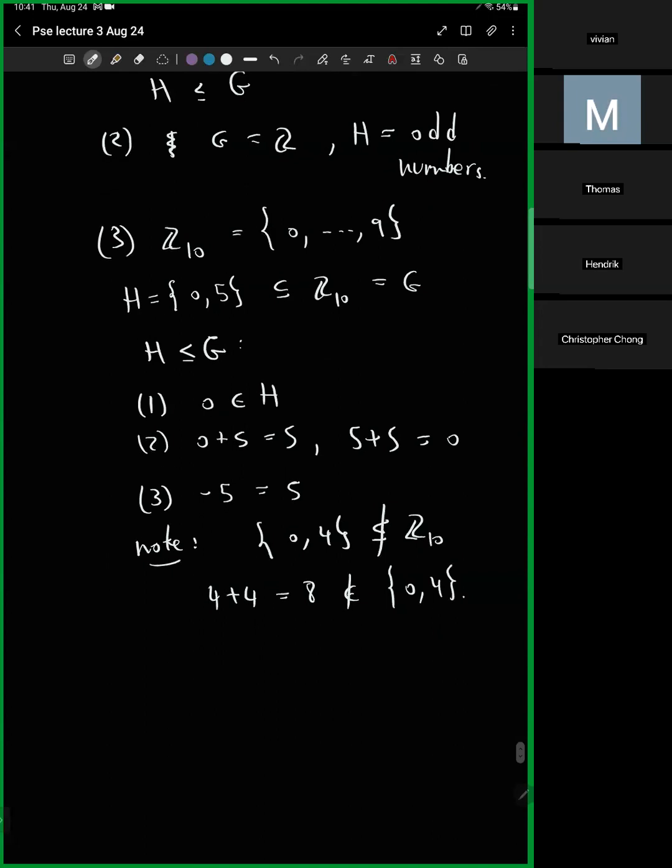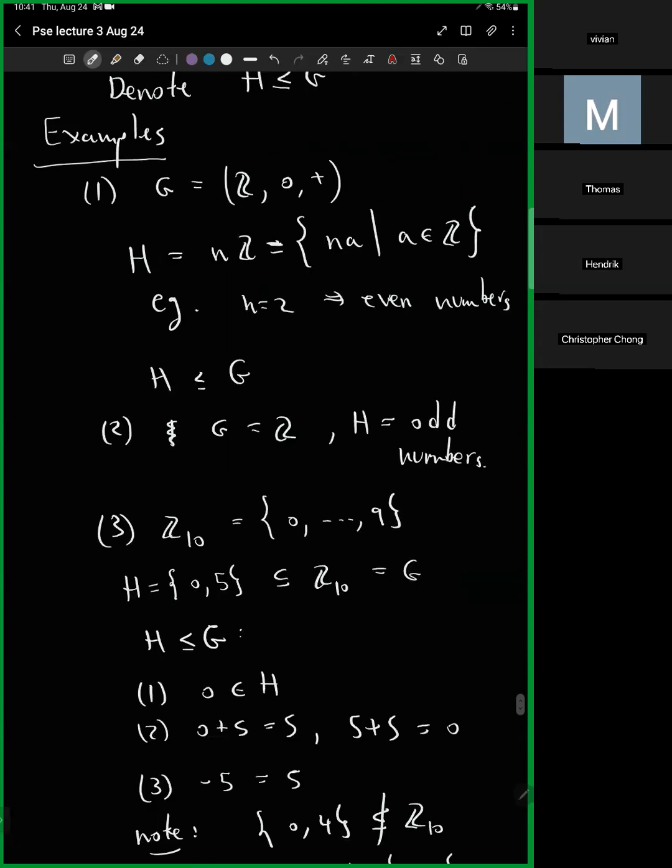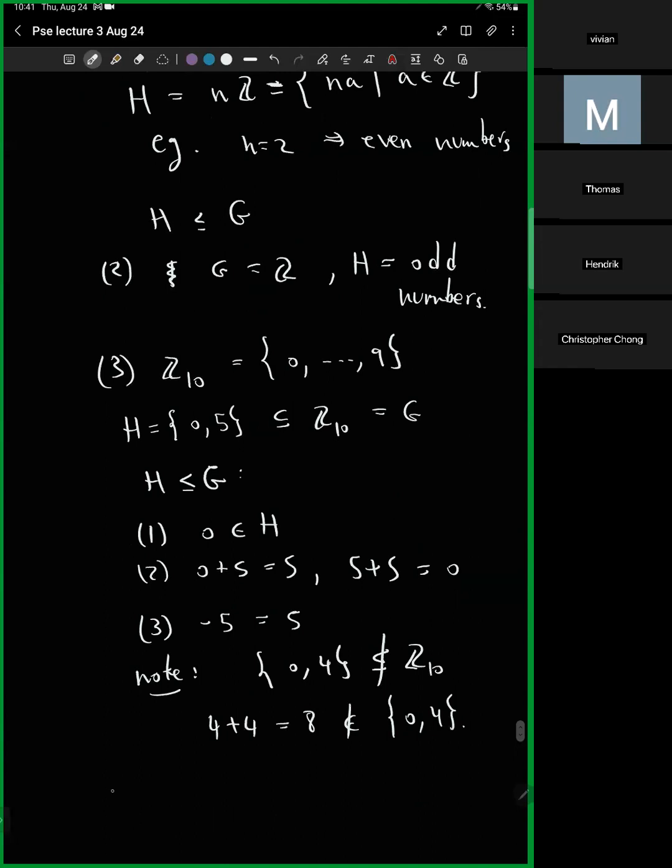Okay, another example. You take the complex numbers, but you remove 0. And the operation is multiplication, and the unit element is 1.